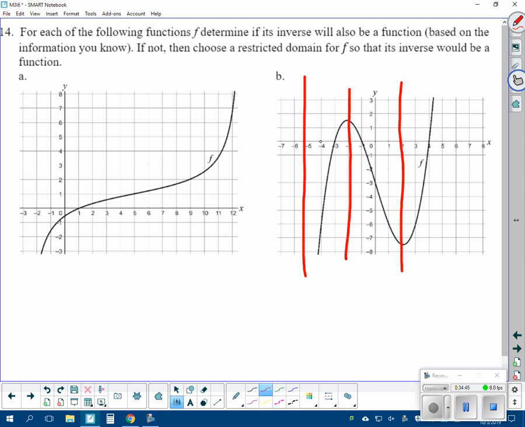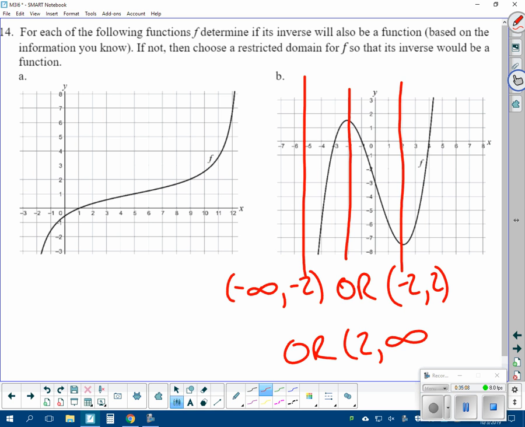So you want to find places where it's going to pass the horizontal line test. On this particular problem, they're saying choose one restricted domain that would work. So you can either have from negative infinity to -2, or -2 to 2, or 2 to infinity. Technically you should have brackets here because you can include those places.